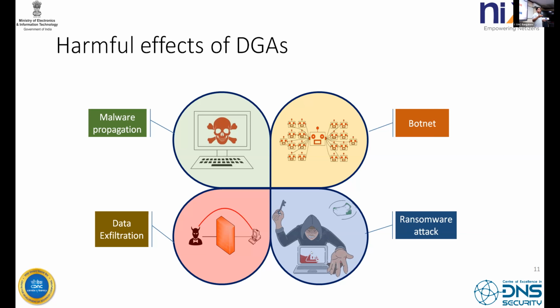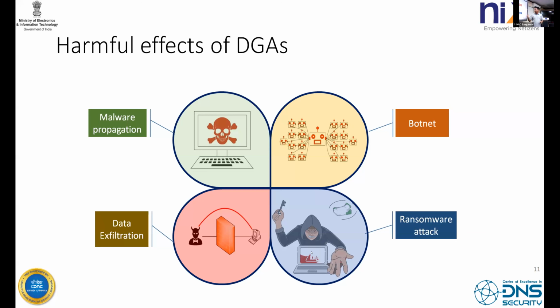I can flood the CDEC recursive resolver with DNS queries like a DDoS attack. I can launch this because I have a lot of computers under my control. How am I doing that? I'm connecting them to the CNC server and instructing those botnets to flood the recursive resolver of some entity. So that is how botnets attack, and it is helped by the use of DGA.